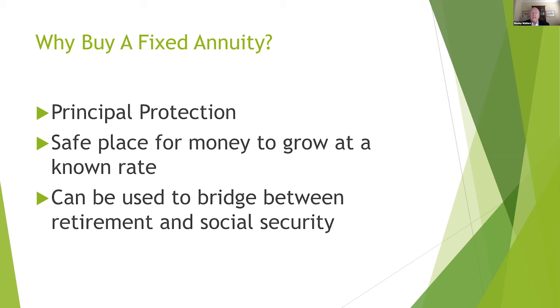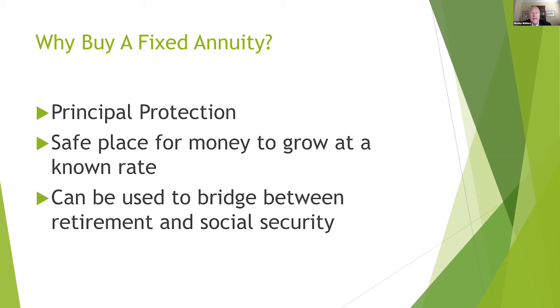Why would you buy a fixed annuity? Well, you have principal protection. That's a good thing. It's a safe place for money to grow at a known rate. It might be used as a bridge between retirement and Social Security. Let me give you the example. A person is 61 years old.